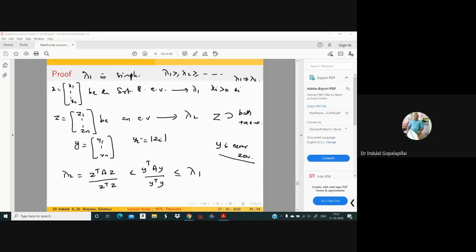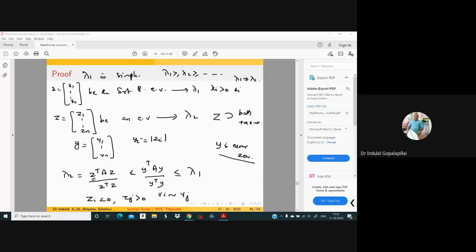Now we know that z, since it is orthogonal to x, has both positive and negative entries. Therefore, there should exist some zi less than 0 and some zj greater than 0 so that vi is adjacent to vj.